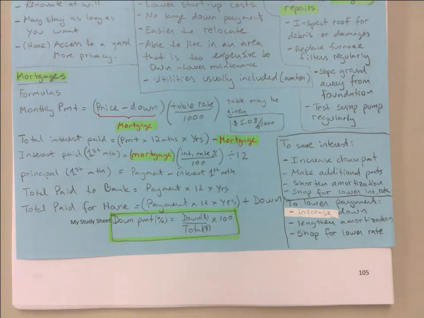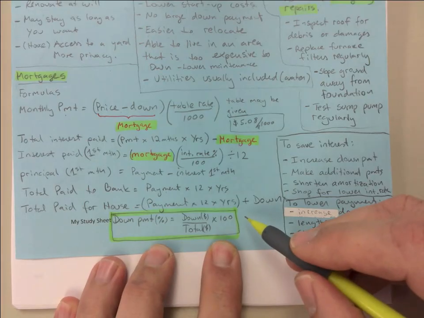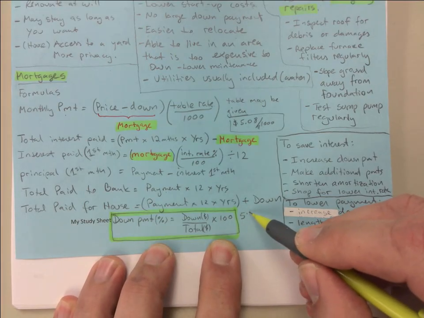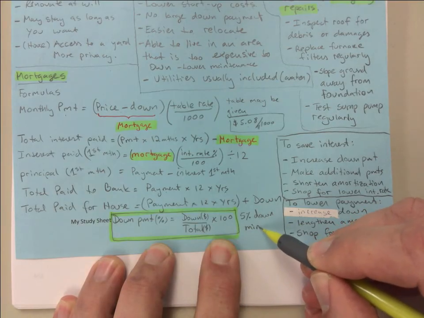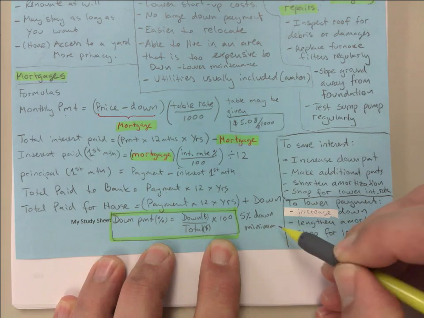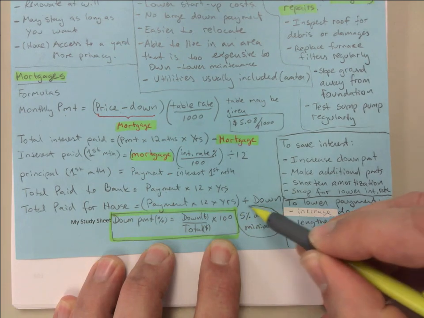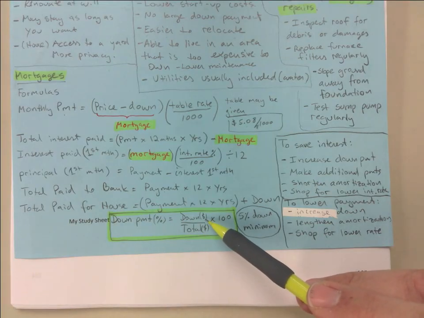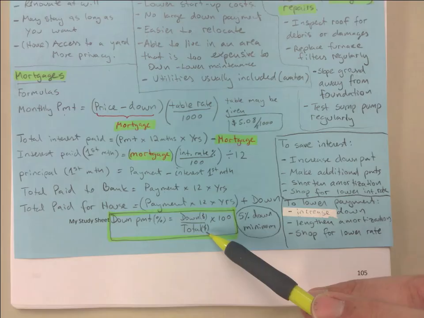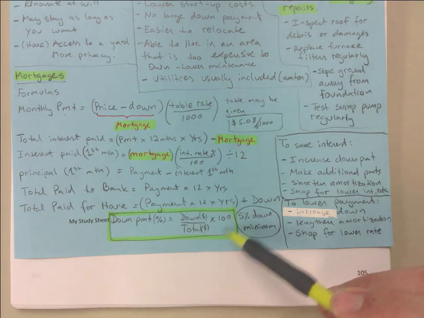But just for the mortgage, you need 5. So I'll write that down maybe next to it. 5% down minimum, okay? I'm writing this down in case you forget. So you would take the down payment as a dollar amount, divided by the total house price, times 100. That's how you get it.